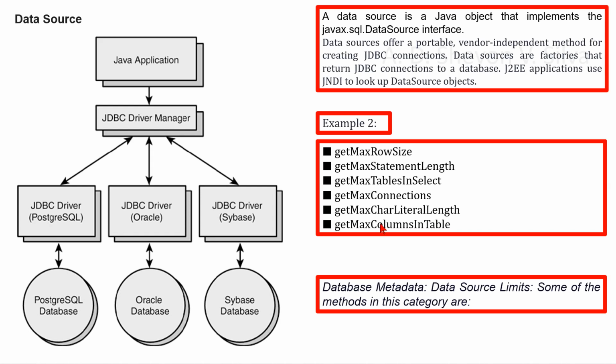Some of the methods in this category are getMaxRowSize, getMaxStatementLength, getMaxTablesInSelect, getMaxConnections, getMaxCharLiteralLength, getMaxColumnsInTable. Methods in this group return the limit as an int. A return value of 0 means that there is no limit or the limit is unknown.